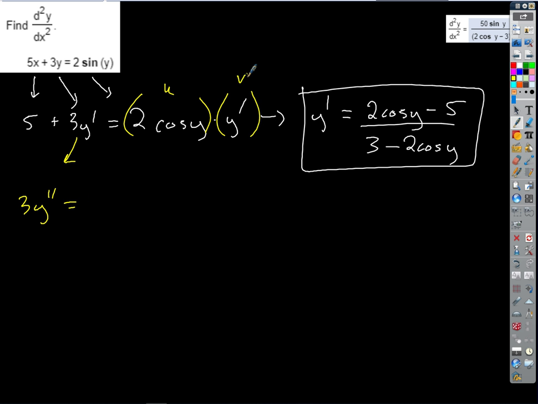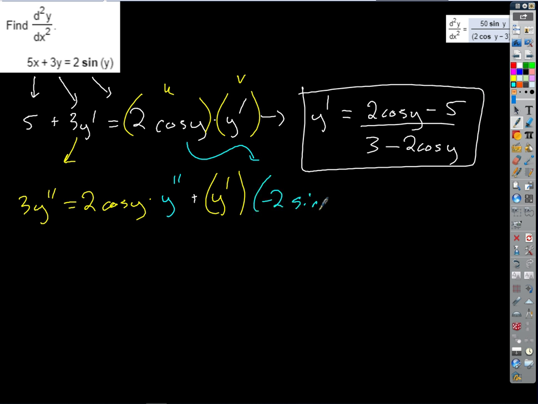So I'm going to have u, which is 2 cosine y, times dv, which is y double prime, plus v, which is y prime, times the derivative of u, which is going to be negative 2 sine y times y prime, right?